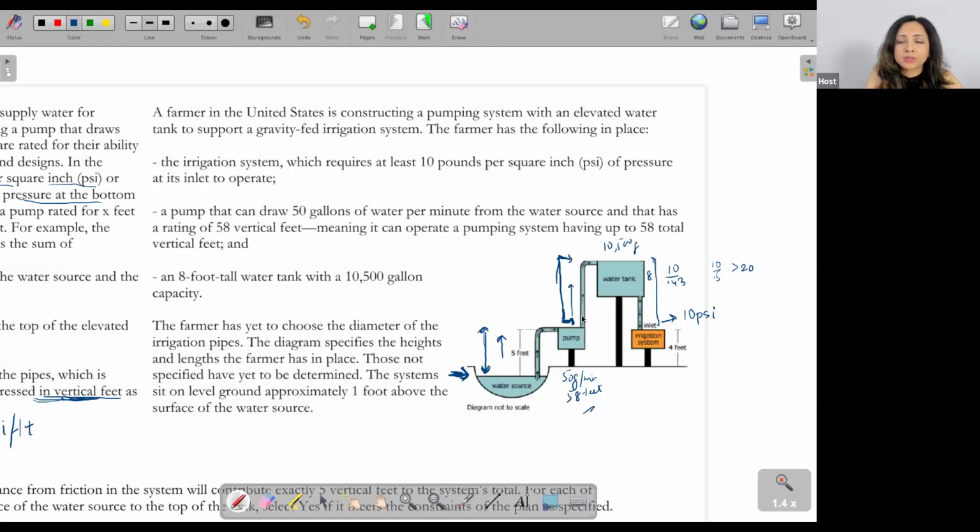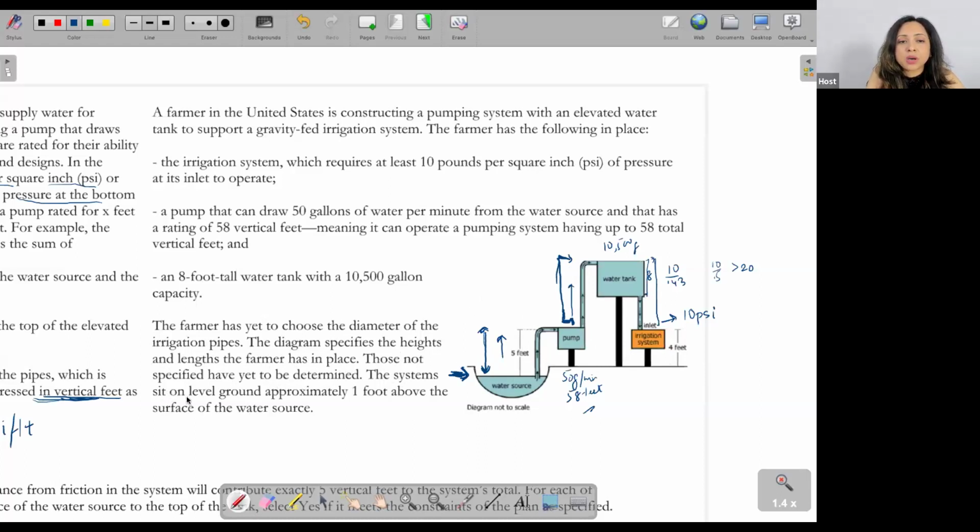So the diameter of these pipes is not known. The diagram specifies the heights and lengths the farmer has in place. Those not specified have yet to be determined. So there are some things that he's given us. This is 5 feet, he says. This is from the irrigation system. This is 4 feet. And the water tank's height is 8 feet, he says, right?